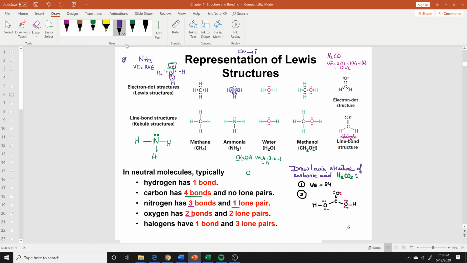Around the carbon I have 3 hydrogens, so you put the 3 hydrogens. Then connected to the carbon I have an oxygen, and next to the oxygen I do have a hydrogen.